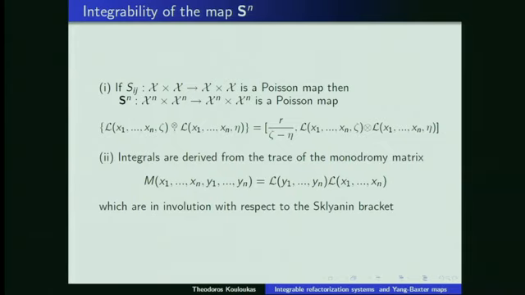And now if we have considered the Sklein bracket on our phase space, then this Lax matrix, which is the product of the Lax matrices, will also satisfy the Sklein formula. Now integrals of this map are derived from the trace of the corresponding monodromy matrix, which in this case is this product here of the two Lax matrices, and will be again in involution with respect to the Sklein bracket.